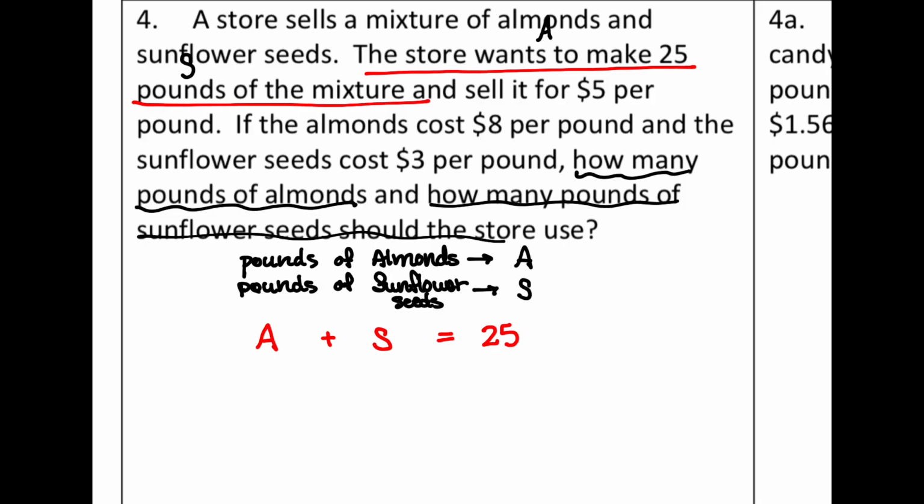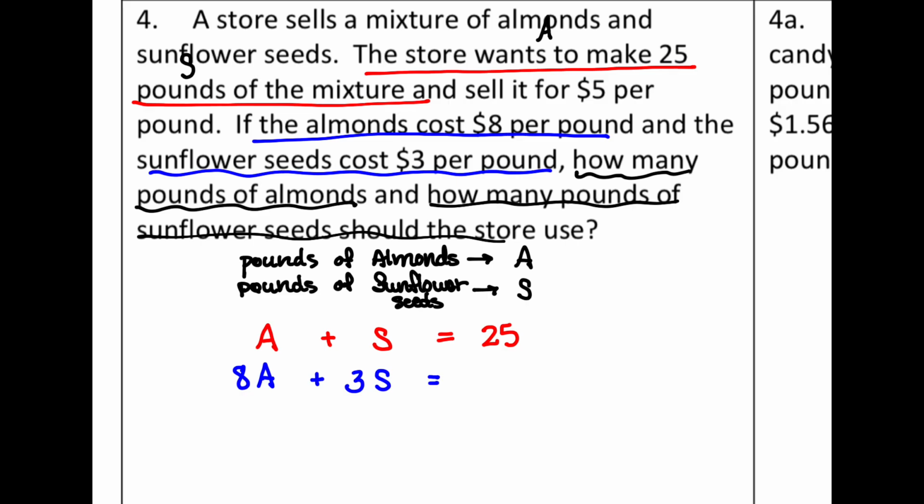That's the easy one, like I've said. Now almonds cost $8 a pound, so $8 times the number of pounds of almonds plus sunflower seeds cost $3 a pound, 3 times S is equal to.